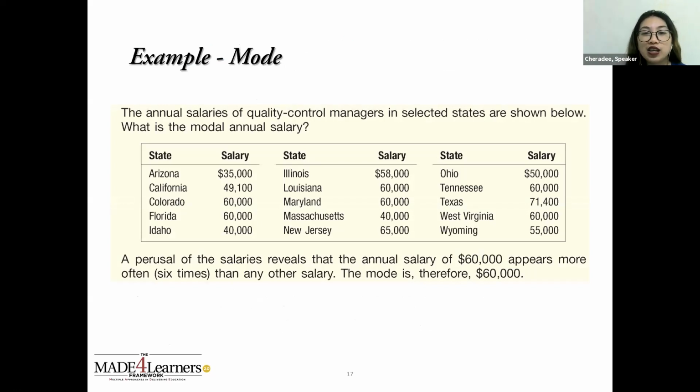Which one do you think is repeating in the numbers? 60,000. Right? So, automatic, whichever is repeating, we can already assume that the average salary of quality control managers in selected states is actually 60,000.